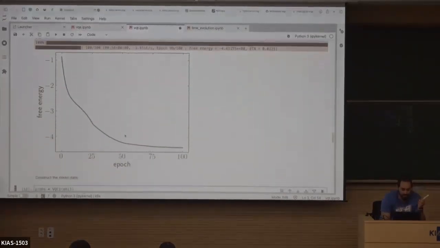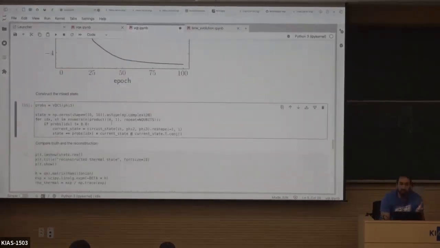Ah, it's done already. Now I want to construct my density matrix, which is a combination of different states, right? I'm calculating the state as I showed you earlier. The circuit state returns me states. For every possible state configuration, I initialize my state with the trained parameters, put it into my state function, and add it together.